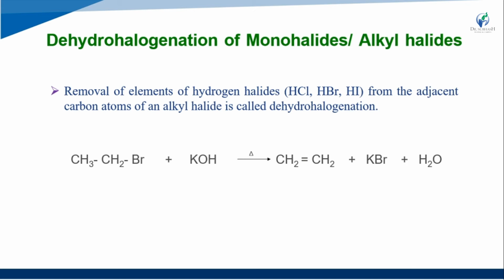So one halide group and one hydrogen are removed from the main structure, making the double bond or alkene. Here ethyl bromide plus KOH at delta temperature, higher temperature, gives ethene, and KBr, that is the halide group, and one water molecule is removed. So this is dehydrohalogenation of the monohalide.